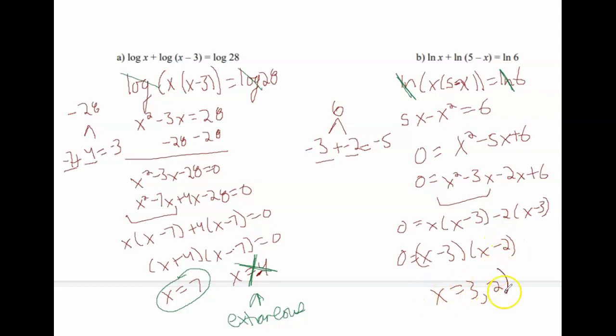So 3 and 2, neither of those would cause me to take the log of a negative. So both of those are potential answers.